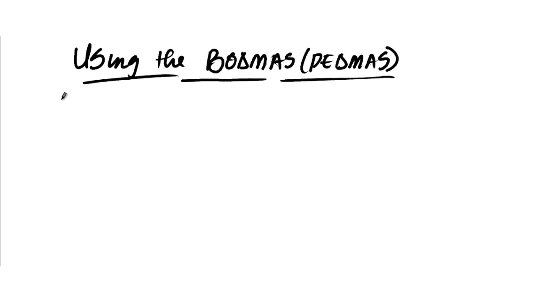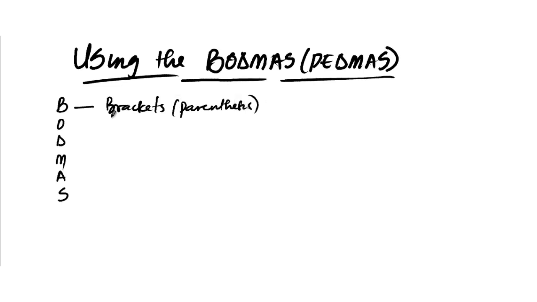So the first thing is, what does BODMAS represent? So BODMAS. The B represents the brackets, also known as parentheses, when you're talking about BODMAS. Then O represents order, that's order of operation.